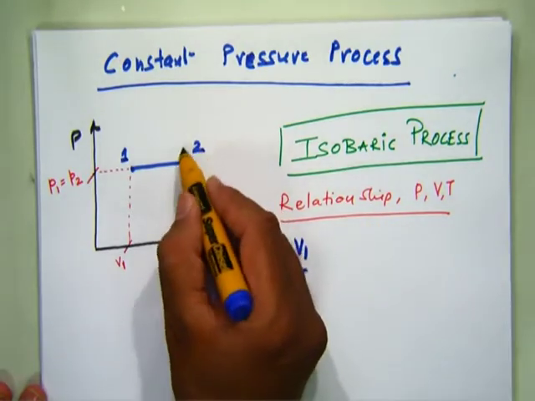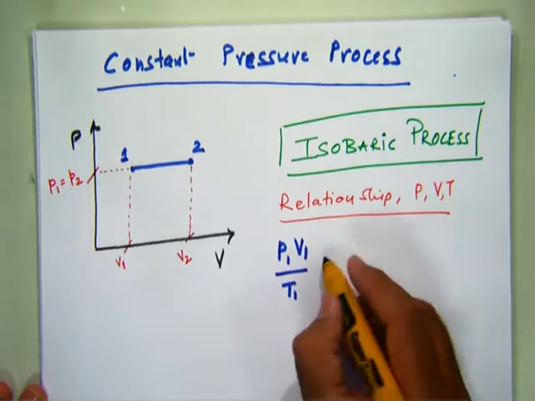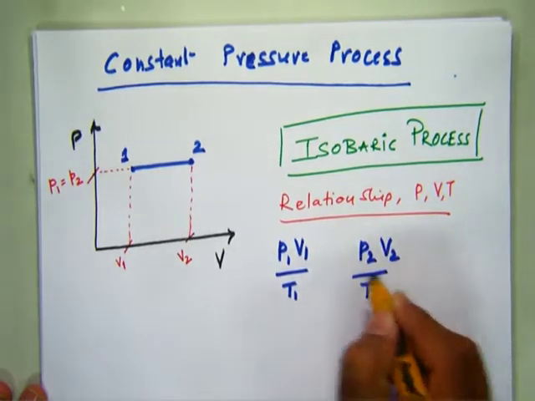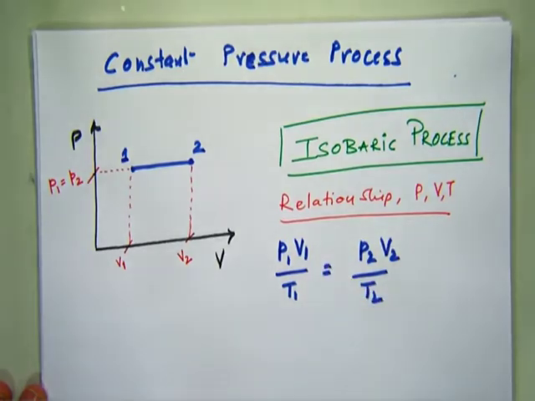At the end of the process, point 2, you can write P2 V2 upon T2.